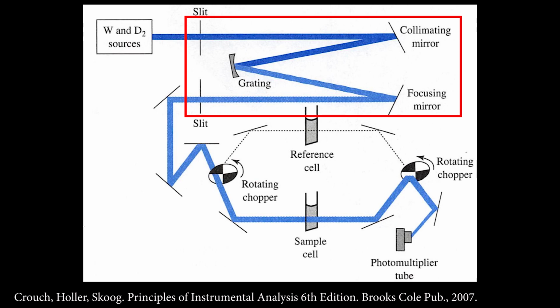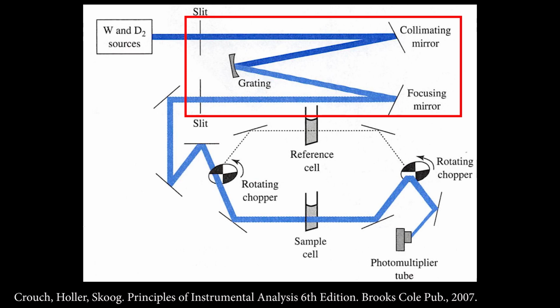And then that focusing mirror focuses one specific wavelength onto the exit slit, the one at the bottom there, so that only one wavelength of light passes out of the monochromator. So it is the monochromator, meaning one wavelength passes out of that thing. All the light wavelengths go in, only one specific wavelength comes out.